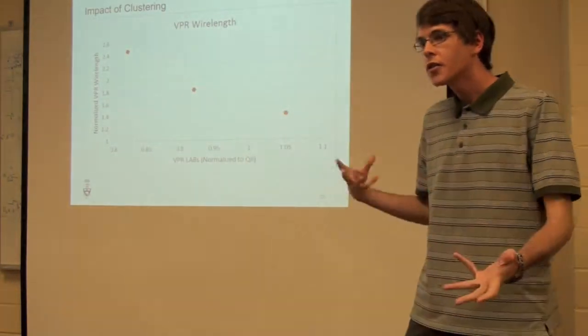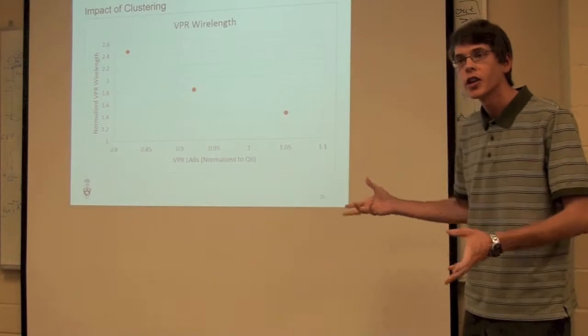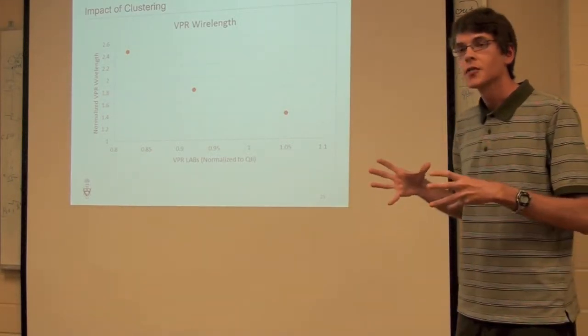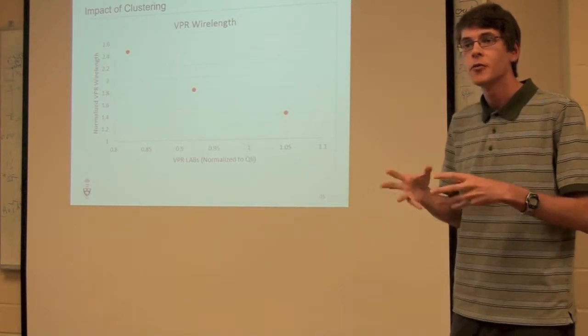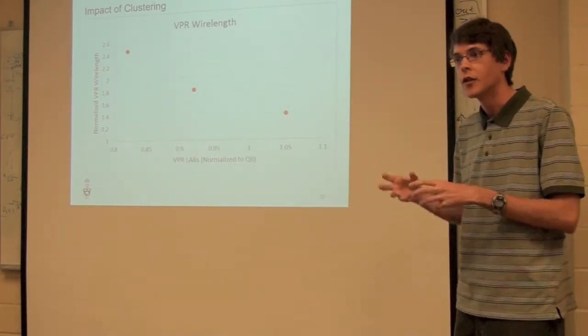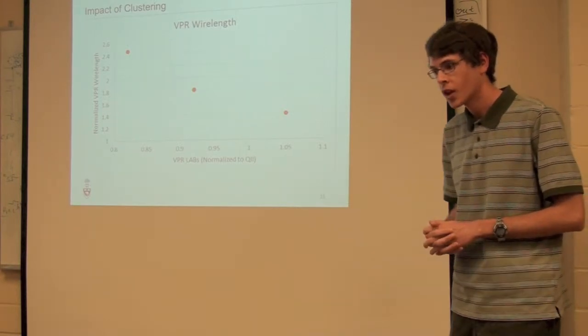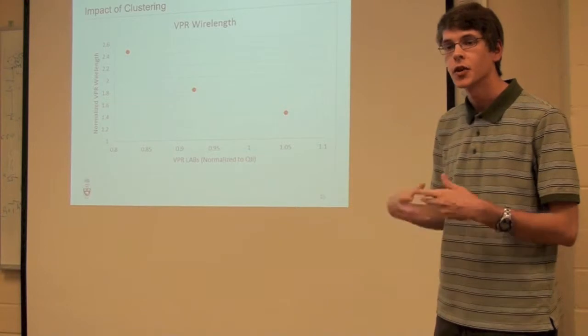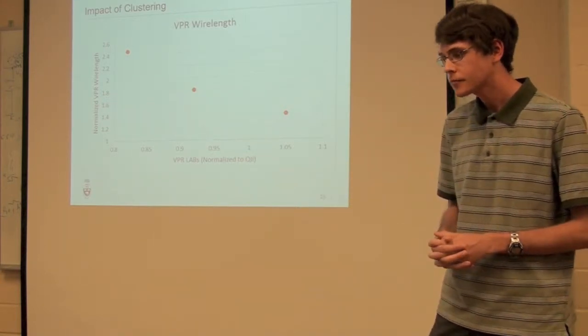One of the things we noticed when looking at those results in more detail was that the designs where VPR used substantially fewer logic blocks than Quartus 2 were the designs that typically had the largest gap in wire length. This made us suspect that something related to the clustering was affecting the wire length.